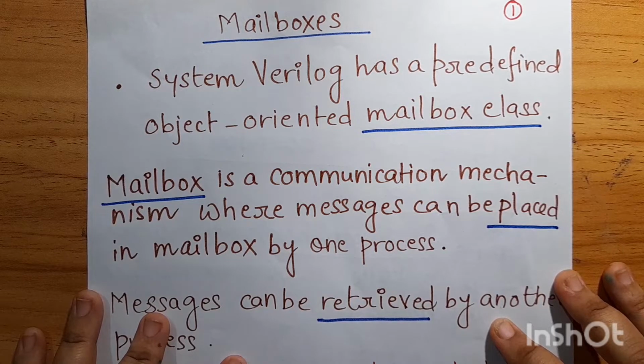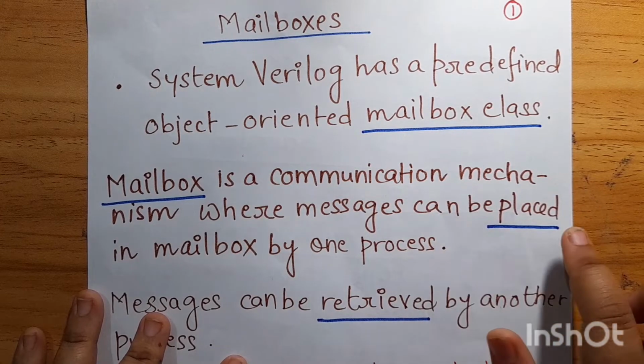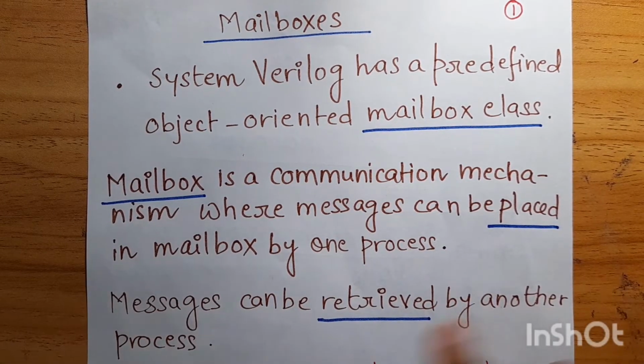So mailbox is a communication mechanism where messages can be placed in the mailbox by one process and the messages can be retrieved by another process. What do we do in communication?